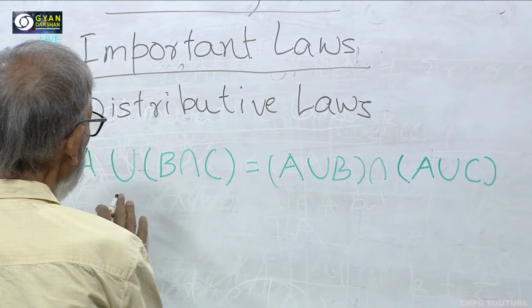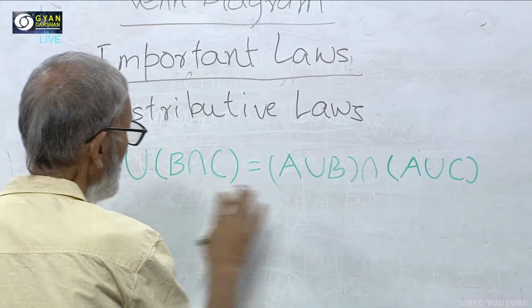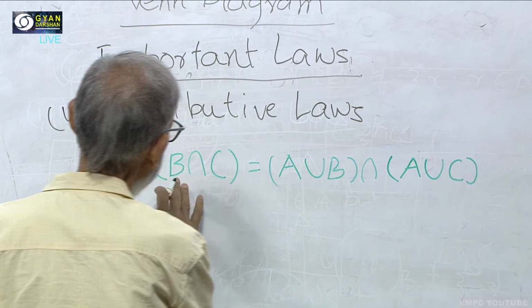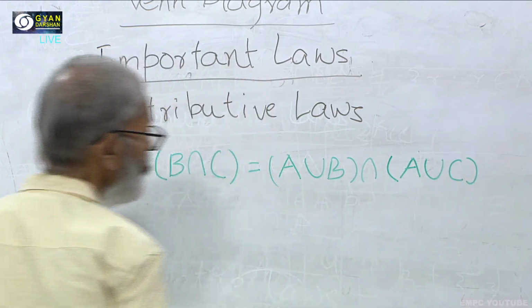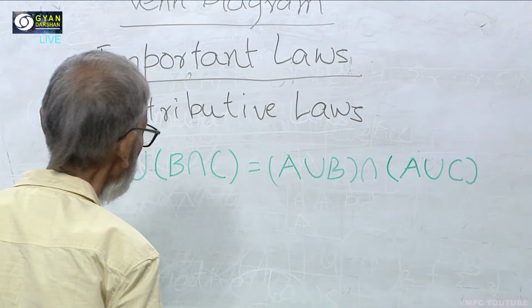So, you can see the operation union has been distributed within the bracket on B and C. So, this holds good for set operations.